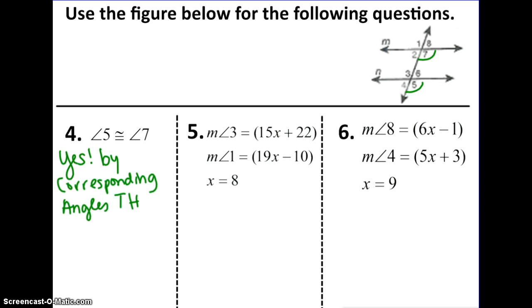Now we are given that angle 3 is 15x plus 22, and angle 1 is 19x minus 10, and that x equals 8. So plug it in. 15 times 8 plus 22 tells me that the measure of angle 3 is 142 degrees.